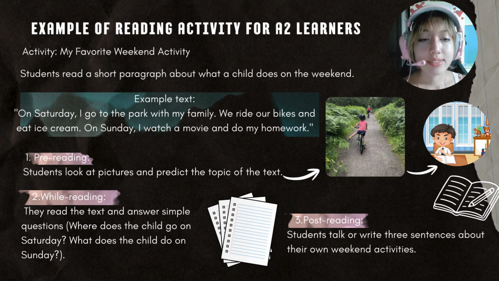Or what does the child do on Sunday? In the post-reading stage, students talk about their own weekend activities or write three short sentences describing what they usually do on the weekend. This activity helps students practice identifying the main idea and specific details while also connecting the text with personal experience.